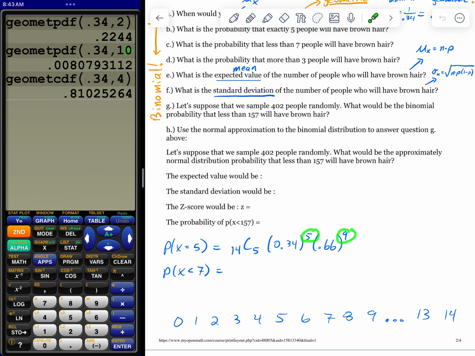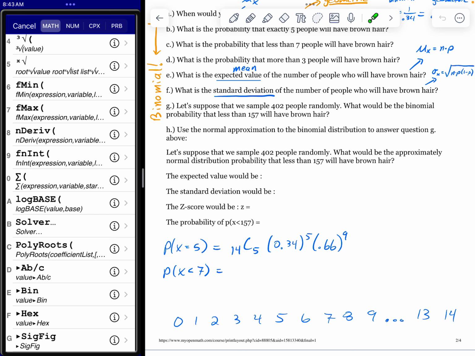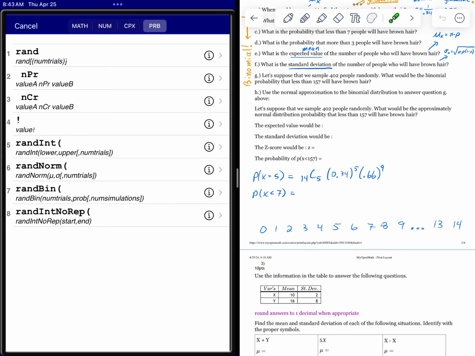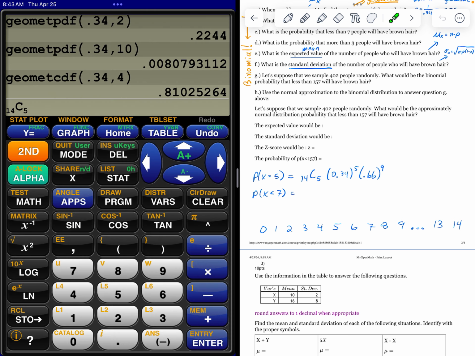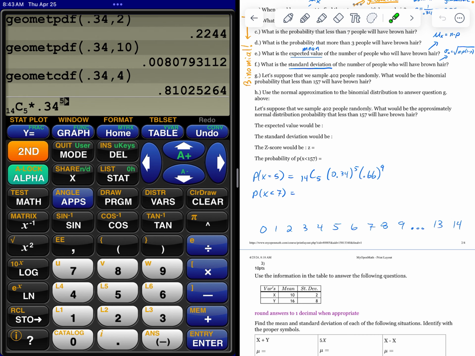Remember, 5 plus 9 is always the total sample size. This would be what you would write out if it was an FRQ. You could do this on the calculator. You hit math, probability, see the C button right there, 14C5, and then multiply the rest out by hand.